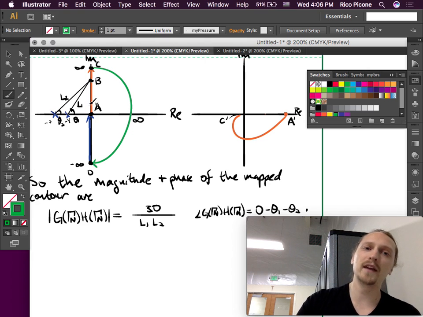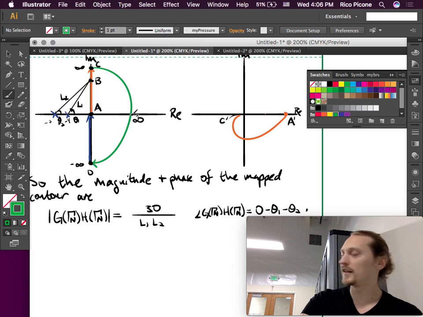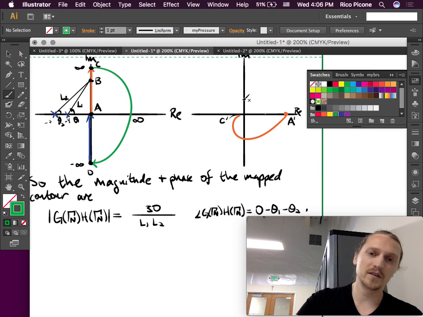So what the phase does, though, is it goes from negative 180 degrees, and it comes all the way down here to 0, right? So it goes from negative 180. It's going to be negative, but increasing to 0. It's going to go this way.